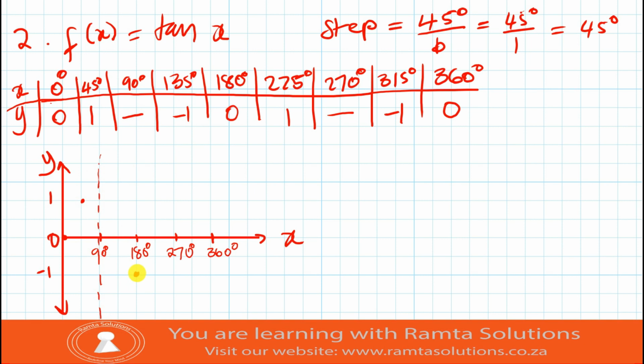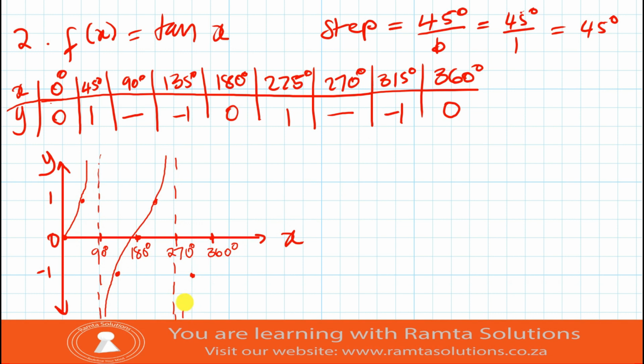When x is 180, y is 0. When x is 225, y is 1. When x is 270, the graph does not exist in this region. When x is 315, y is -1. When x is 360 degrees, y is 0. So your graph looks like this.